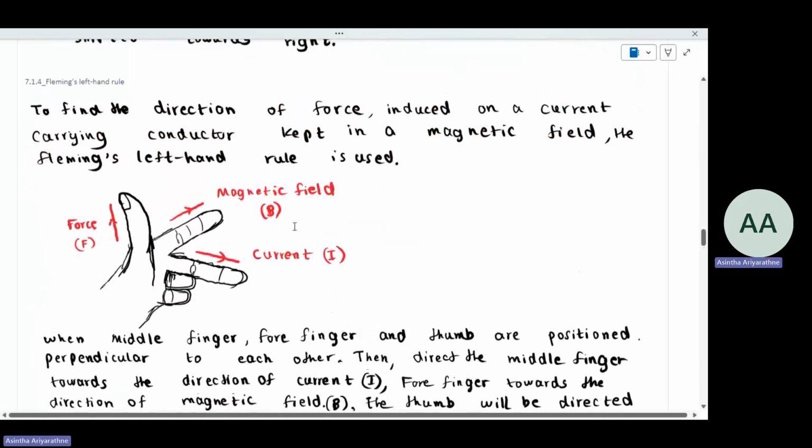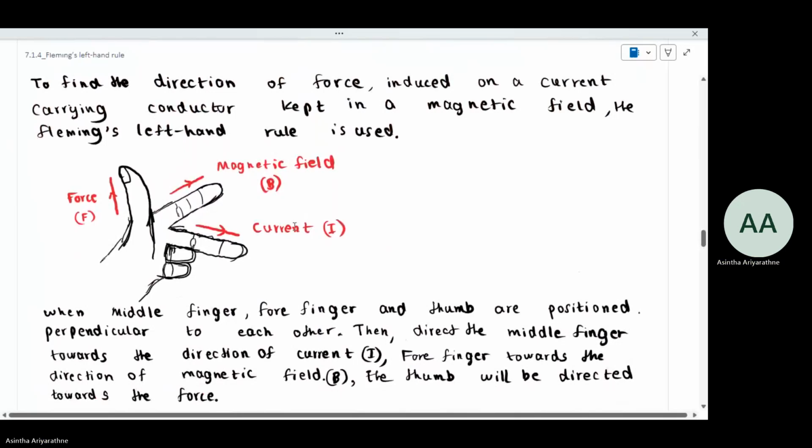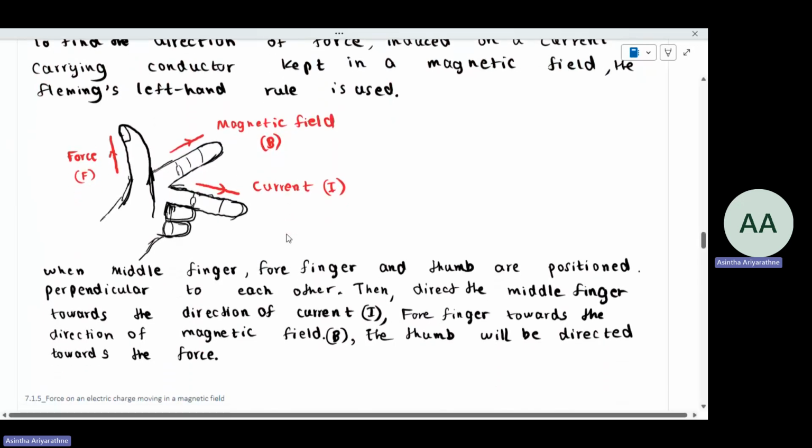This is Fleming's left hand rule. You can easily remember this as FBI. Force is represented by F, magnetic field by B, current by I. The middle finger represents the direction of current, the magnetic field is represented by the forefinger, and the thumb represents the direction of force.